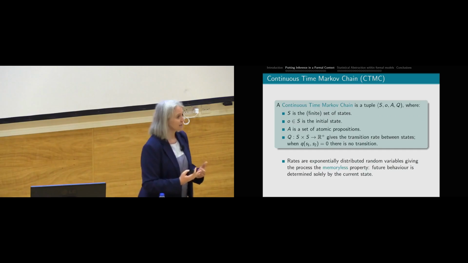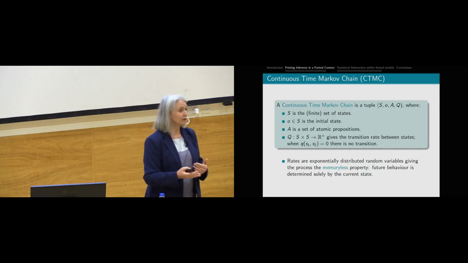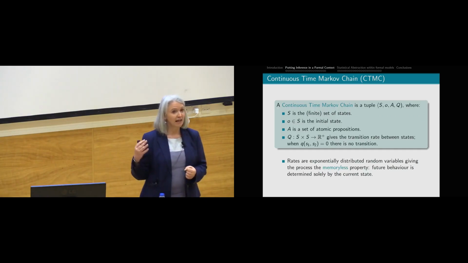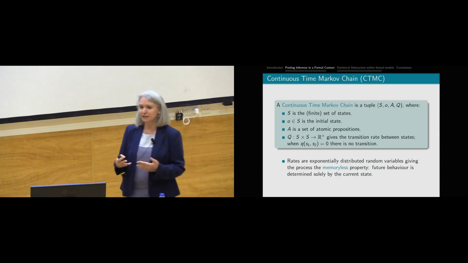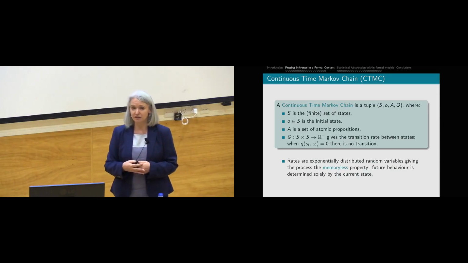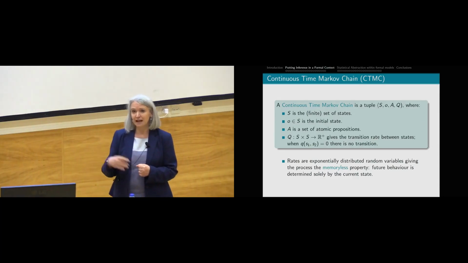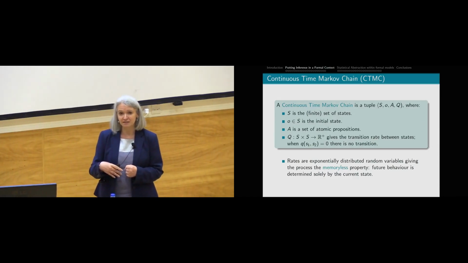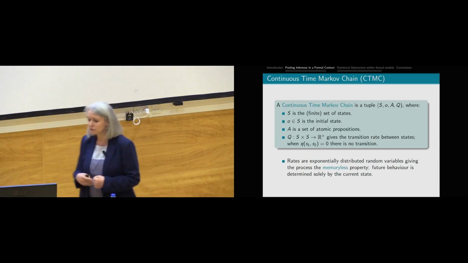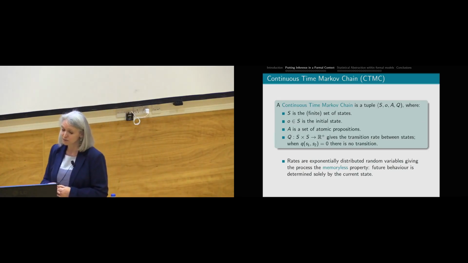Because we don't need to worry about how long things take, at every point in time it doesn't matter how we arrive there. Our future behavior only depends on what state we're in, and it doesn't matter how long we've been in that state. So the exponential distribution is the only thing that gives us that property.